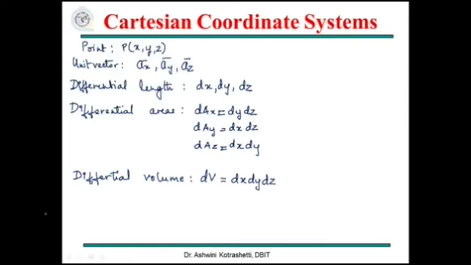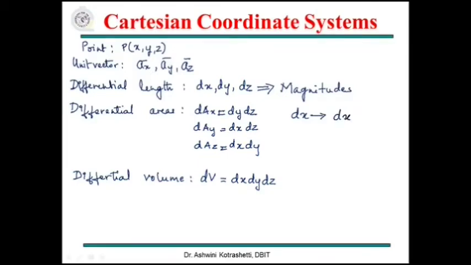Okay. Now finally, we are left with the vector differential length. These differential lengths that we have seen here are only the magnitudes. Now, if I had to convert dx into a vector quantity, I would associate it with a unit vector.